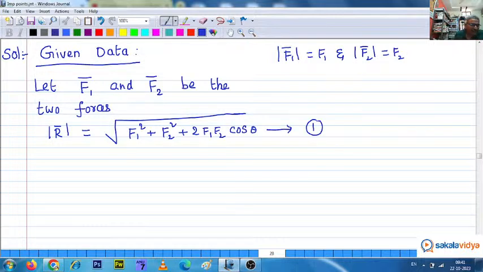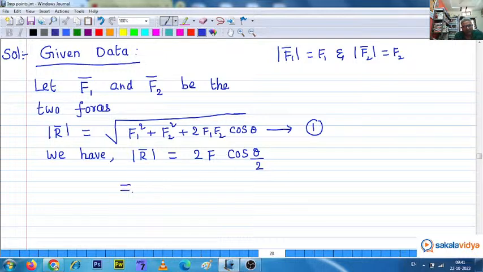According to the problem, what is given? We have r bar equal to 2f cos theta by 2, given. Now this can be written like this: r bar is equal to root of 4f square cos square theta by 2.